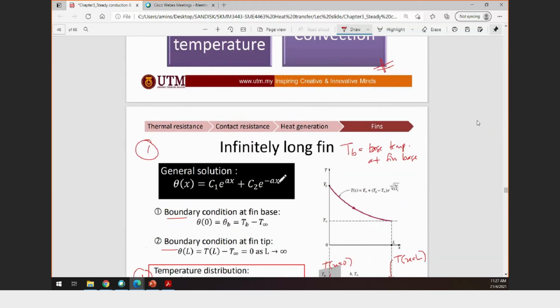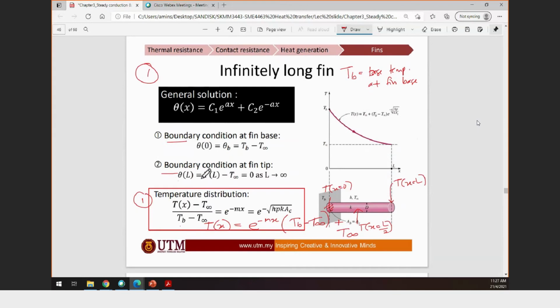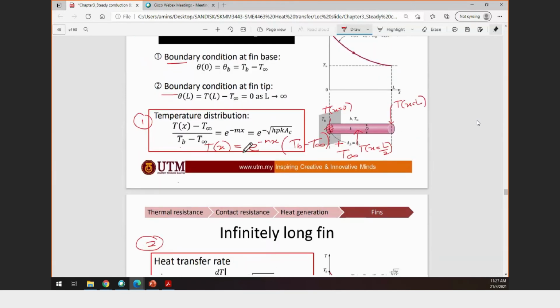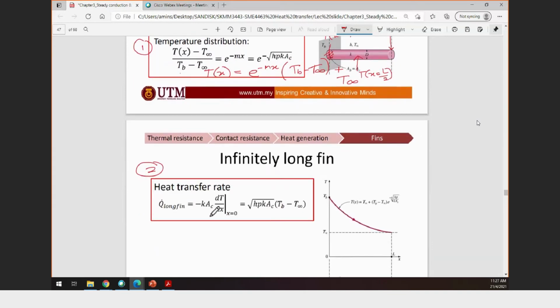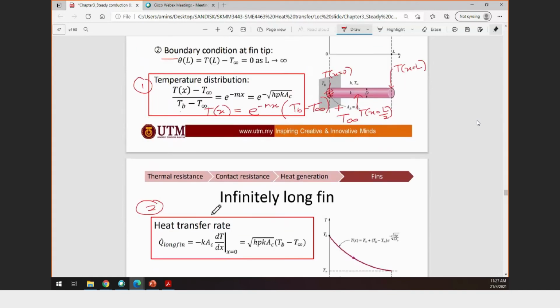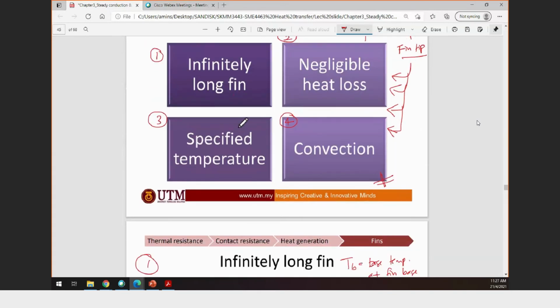Like I said, for every condition you use the general solution and the boundary condition and combine them. I skip the derivation, because at the end you just need the temperature distribution equation and the heat transfer rate equation. So this is for case number one, the infinitely long fin.